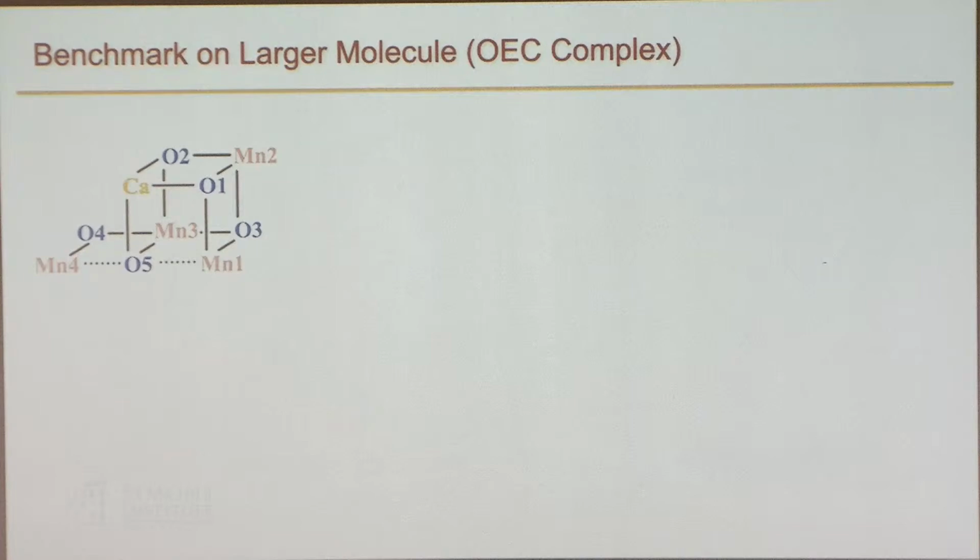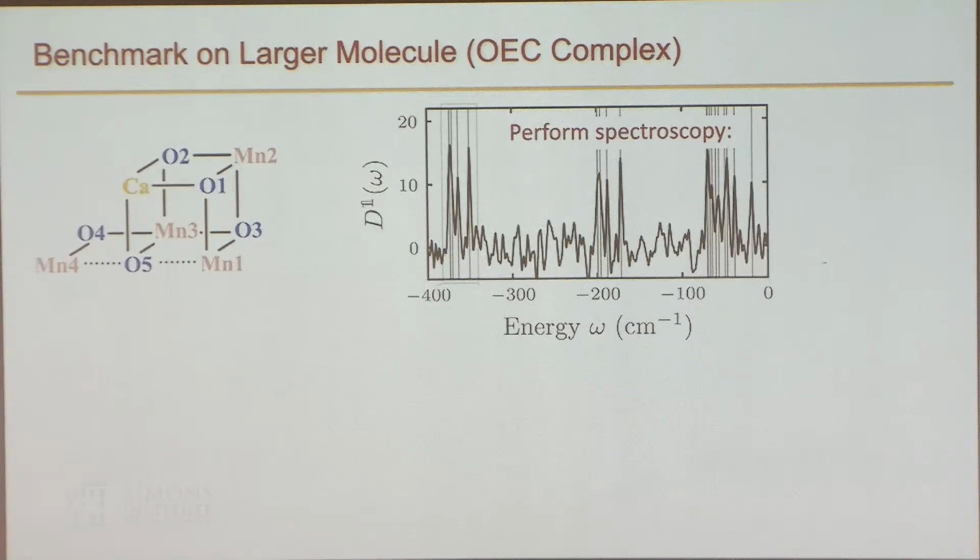But now we go back to our somewhat more complicated molecule. In this case, if we do the same thing and we just use A equals unity, we get the full spectrum. And here, this is not the full spectrum. This goes on in this direction quite a bit. And again, the lines can be found.